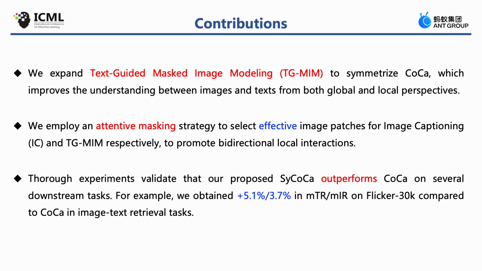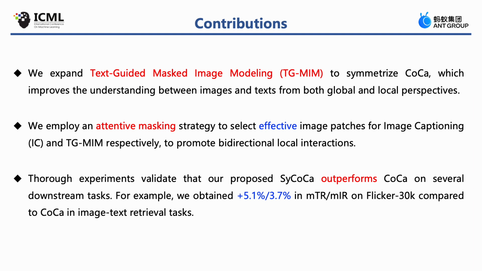In summary, the main contributions of our work are listed as follows. First, we expand the text-guided masked image modeling, namely TGMIM, to symmetrize CoCa, which improves the understanding between images and text from both global and local perspectives.